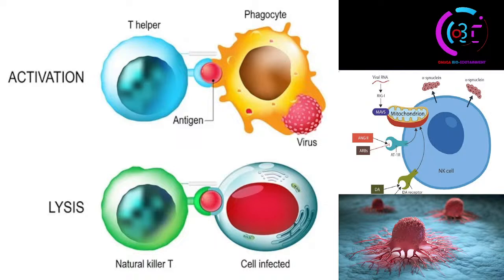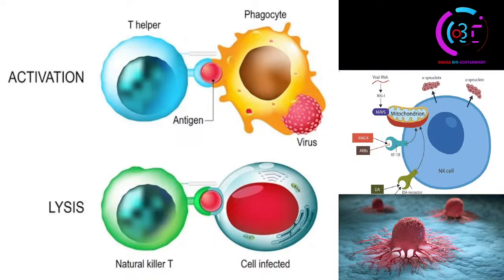But at this point, you should know that the complement system consists of a classical pathway as well as an alternative pathway. So it is this lectin from natural killer cells that will activate the classical pathway of the complement system, and we are going to see this as we go.